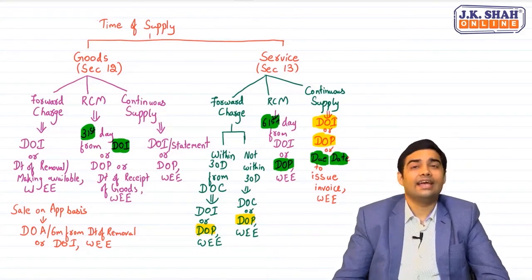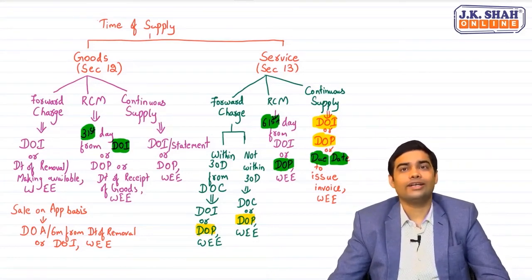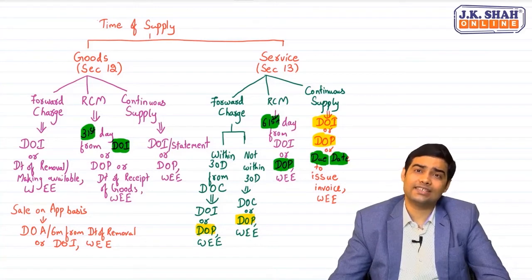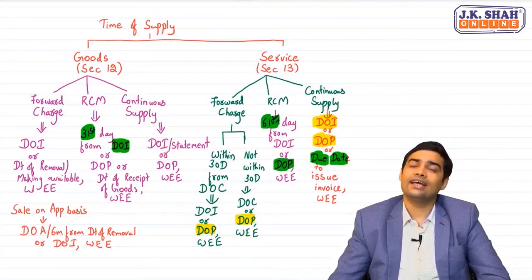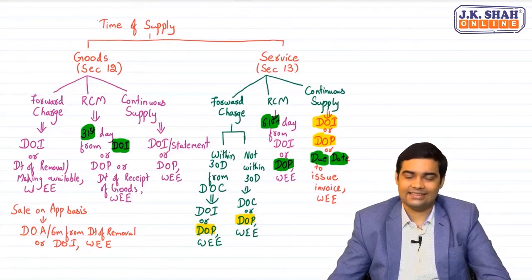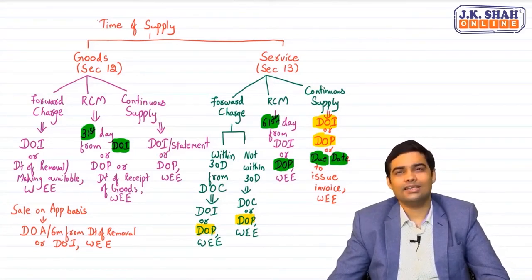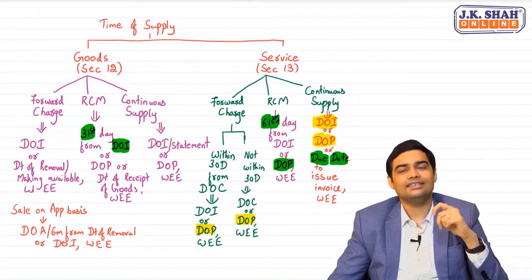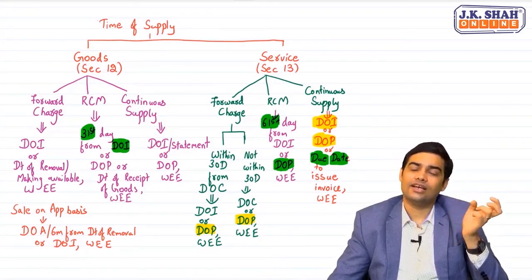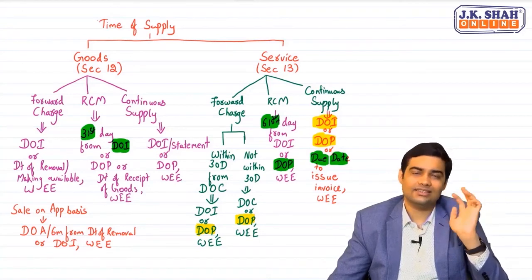Okay. Here, don't forget one more point. In case of associated enterprise, you learn in CA final direct taxes. But associated enterprise, in crude sense, it is related persons. In such cases, there can be instances where invoice is not issued.